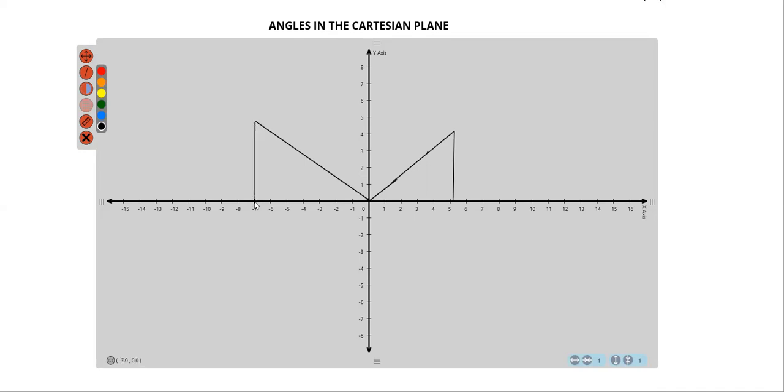Then this is what you have in the second quadrant. Looking at the fourth quadrant, you can have something like that.